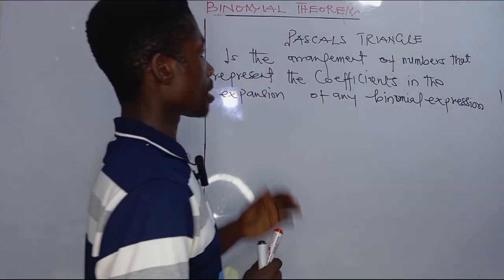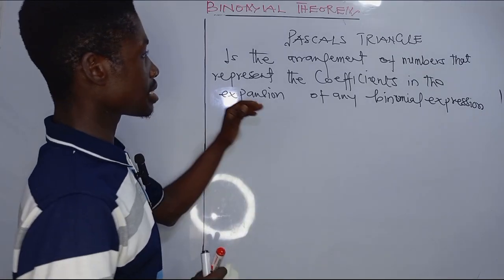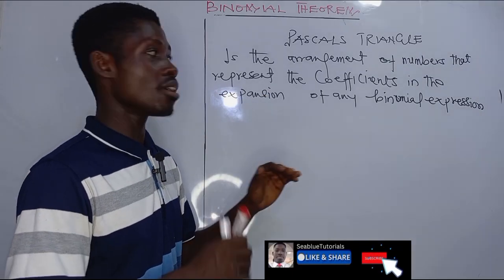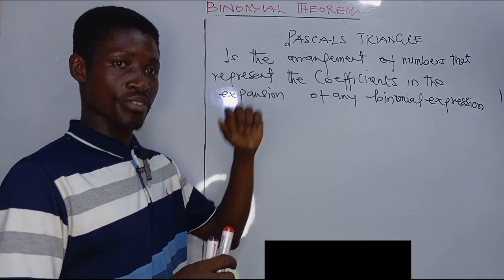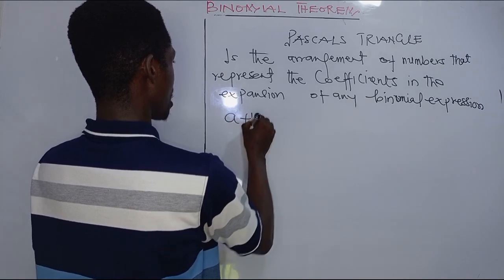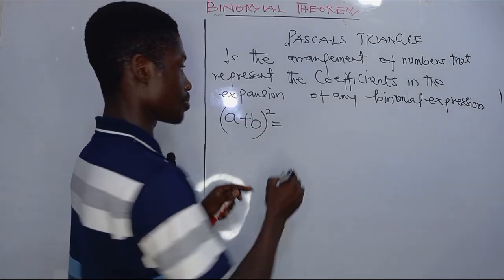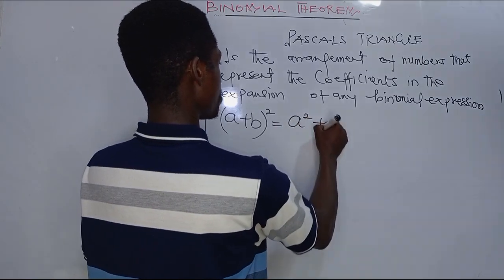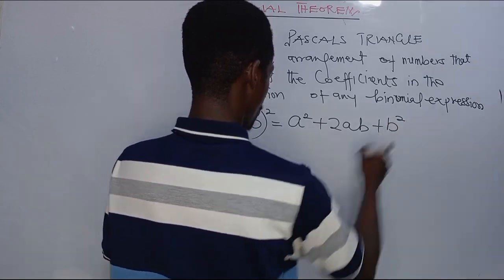So when we talk about Pascal's triangle, it's just the arrangement of numbers that represent the coefficients in the expansion of any binomial expression. With the previous example that we did, we had A plus B raised to the power 2. When we expanded this, we had A squared plus 2AB plus B squared.